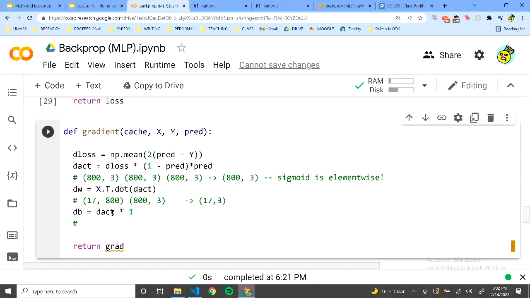So we have a bit of a weird situation here. The dimension of dact, as we've said before, is 800 by 3, but we want our bias to just have a size of 3. So how might we do that?